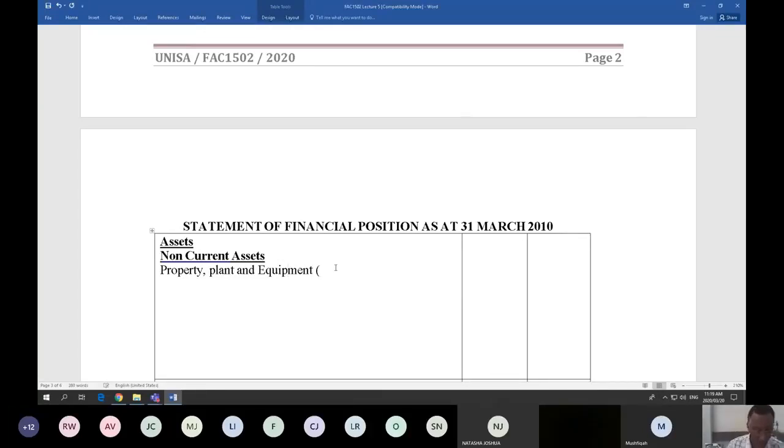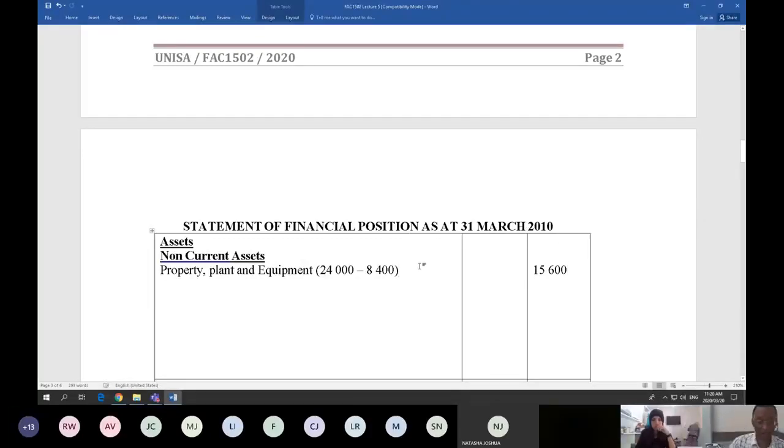In this example, we have only got office equipment. And for the office equipment, you must show the carrying value, which will be the cost of 24,000 minus accumulated depreciation of 8,400 Rand. And that will give you property, plant and equipment an amount of 15,600.